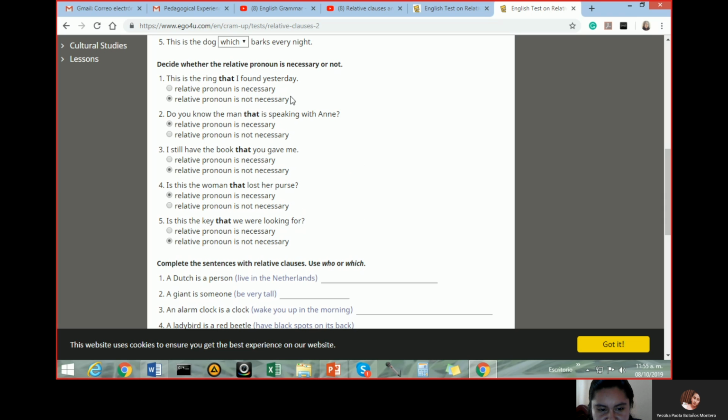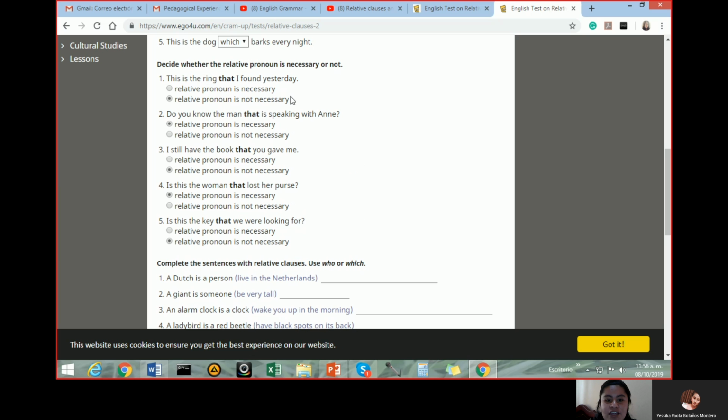Understand this part? Okay. Encontramos en la número 1 y la número 5 las mismas similitudes. Por ejemplo, en el número 1 encontramos yo, en la número 5 encontramos nosotros, que serían los sujetos. En el número 1, ring, y en el número 5, llaves, que es key. Entonces, encontramos que son los objetos.